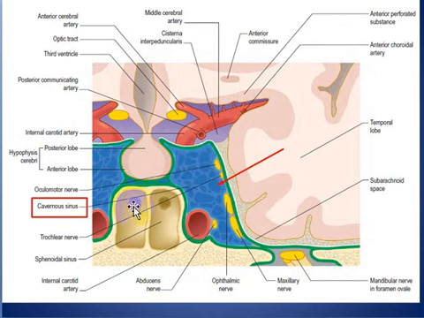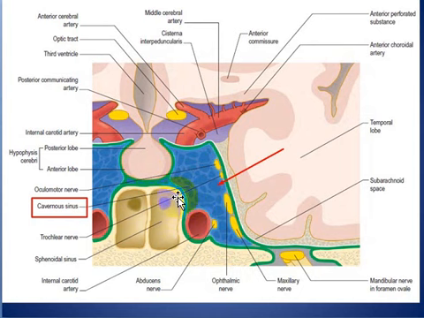Here we see the sphenoid sinus, and this is the pituitary gland in the sella turcica, and here this is the cavernous sinus. As we see, this green line is the dura lining the cavernous sinus, and these are the cranial nerves contained in the cavernous sinus, and this is the carotid artery, and this is the sphenoid sinus.